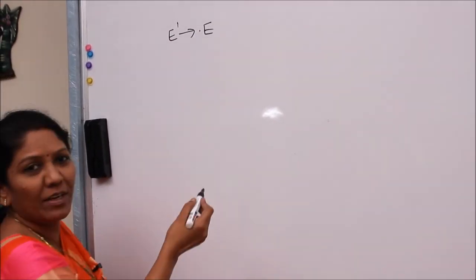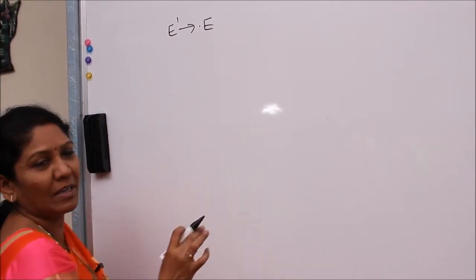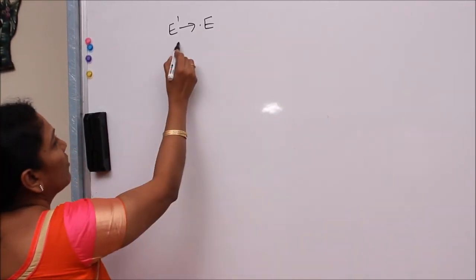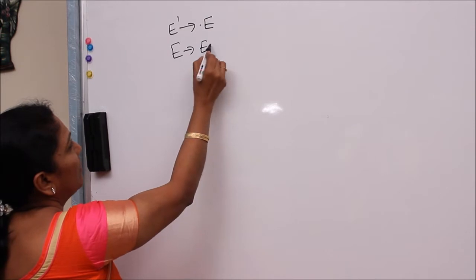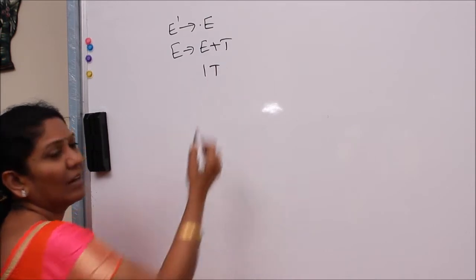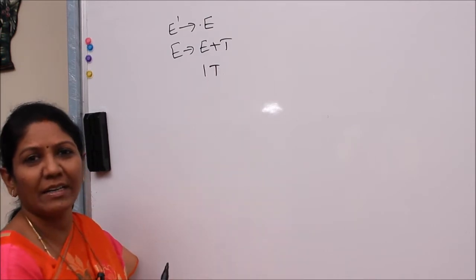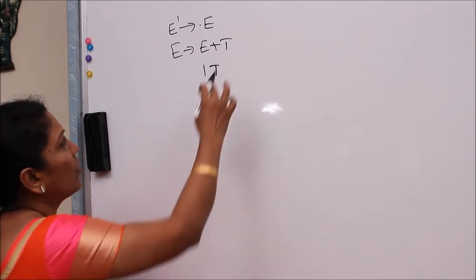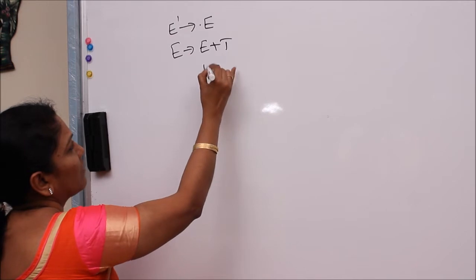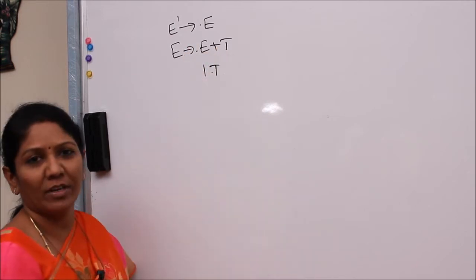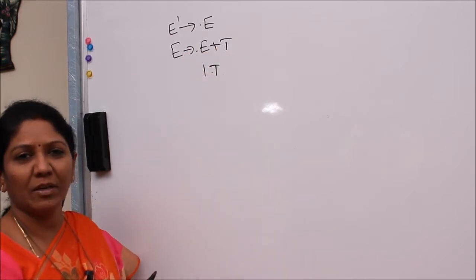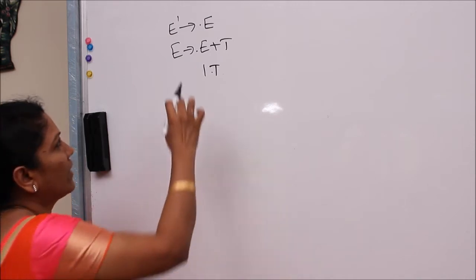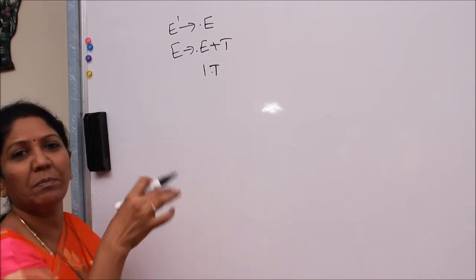What is the closure of E dash to dot E? Because of the non-terminal E, take the rules from E. What are the rules you have in the given grammar? E plus T or T. Add them, but you cannot add them as productions. You need to convert them into LR0 items. So how do you convert these productions into LR0 items? Simply by putting the dot at the beginning. And remember, the closure rule is recursive. That means for every newly added item, you need to repeat this.